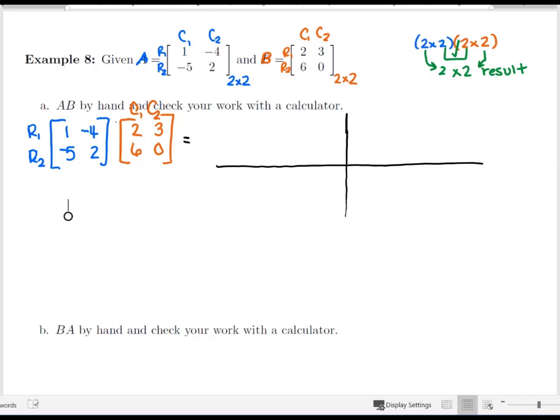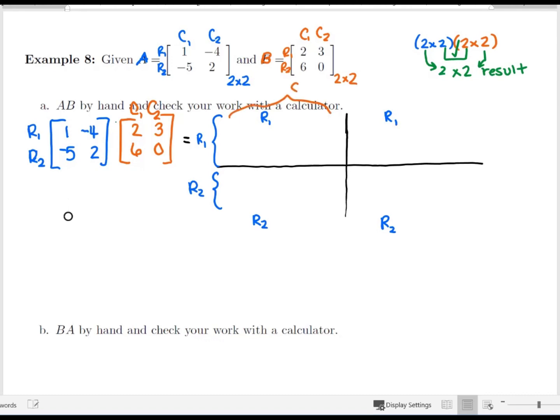If I were to label each of the entries, or each of the rows and columns, we know first we have row 1. So each of these placements, or each of these elements, are in row 1. In the bottom, they show up in row 2. And leave yourself some space in between these labels and the lines, because we're going to do the work here in a second.